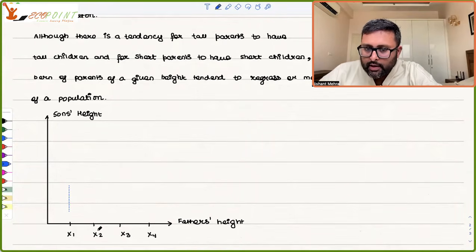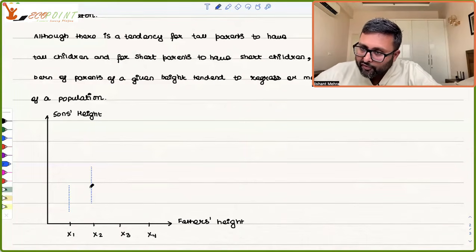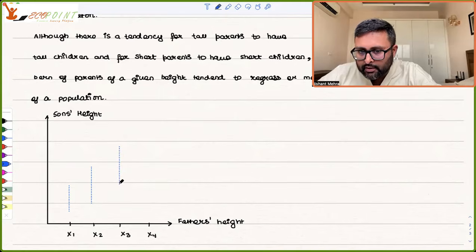Similarly here, there are fathers whose height is 5 feet 5. For each of these fathers, we have taken the height of sons, and those would be anywhere between 5.4 to 5.8, somewhere. So what we have done is we have fixed the height of the father, and then we have found out, okay, for these heights, what are the different heights of the sons? Then again, height of the father is 6 feet.